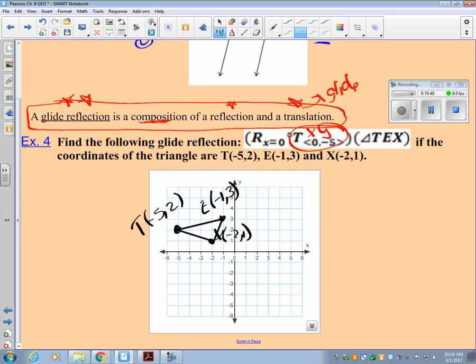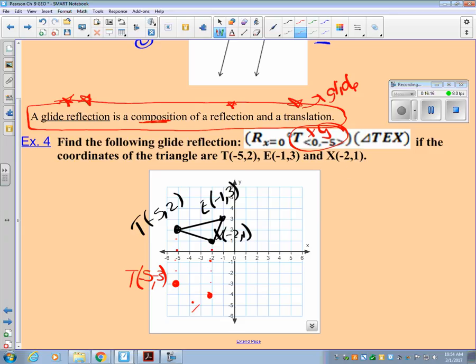You can subtract 5 from each of these coordinates to find the new coordinate, or when you have a graph, you can just move it 5 down, which is what I prefer because I'm a visual learner. So 1, 2, 3, 4, 5. Here's my T prime, and the -5 stays the same, and my Y becomes -3.